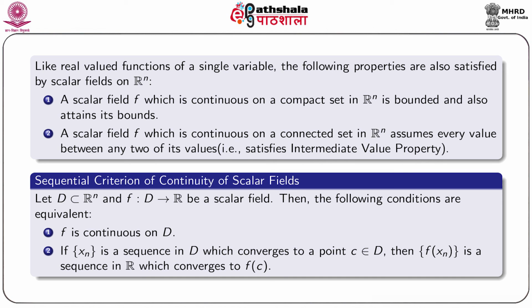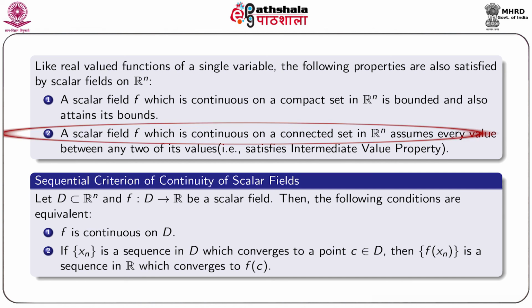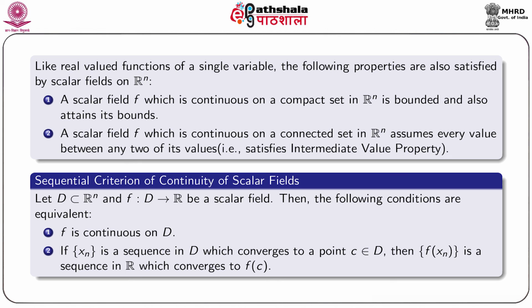We recall that according to the Heine-Borel theorem, a set in R^n is compact if and only if it is both bounded and closed. Second one, a scalar field f which is continuous on a connected set in R^n assumes every value between any two of its values. That is, it satisfies the intermediate value property.